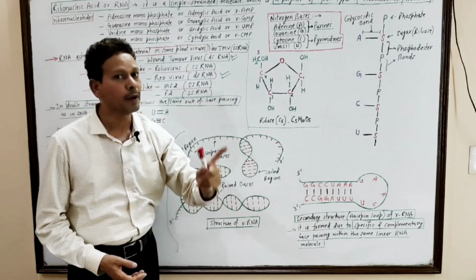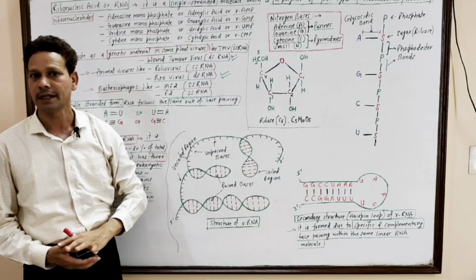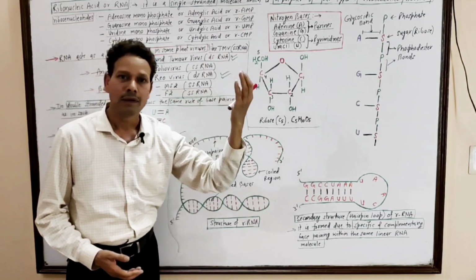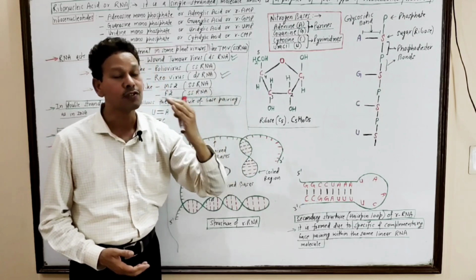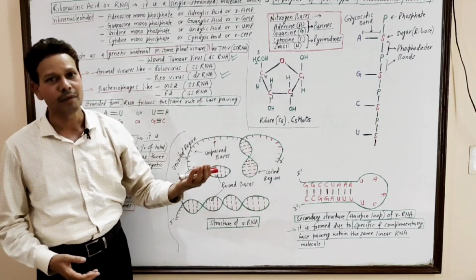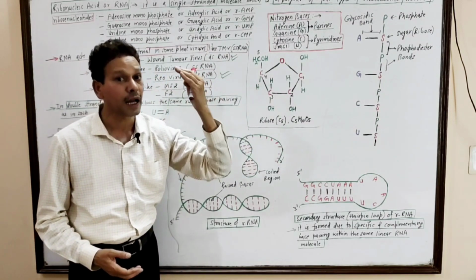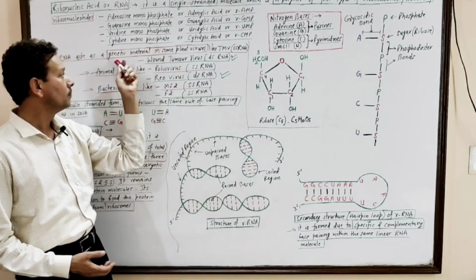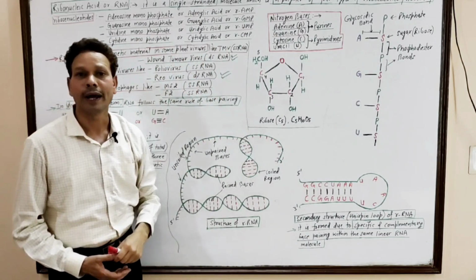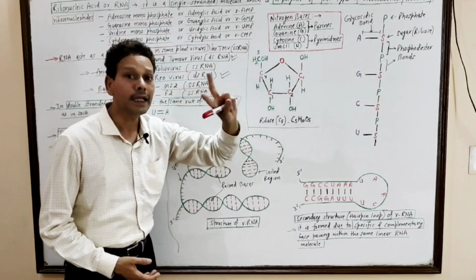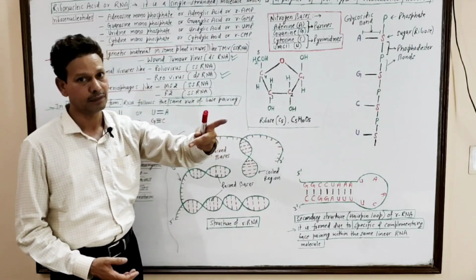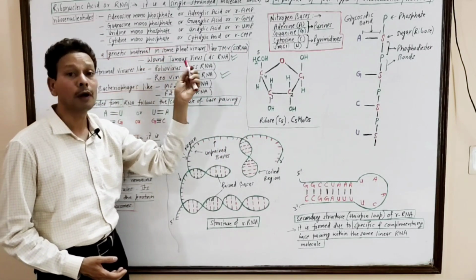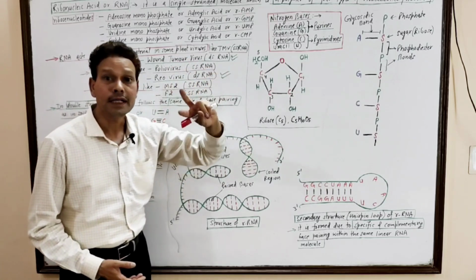RNA acts as a genetic material in some viruses. Mainly in living beings, the genetic material is DNA, but some viruses are exceptional, like tobacco mosaic virus, where the RNA is single stranded. In wound tumor virus, the RNA is double stranded.